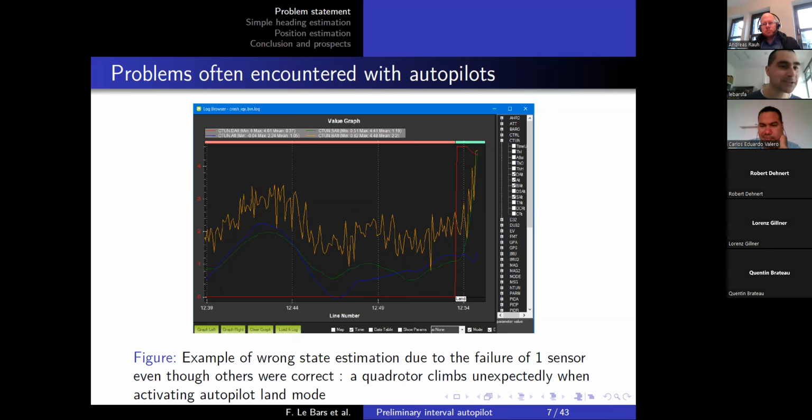So what I mean is that there is something to be done in terms of algorithms without adding additional sensors. At the moment it is wrong.